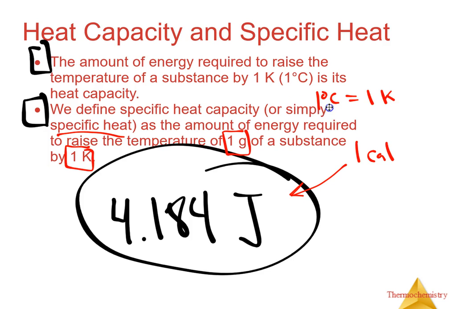Now, 1 degree Celsius is not the same temperature as 1 Kelvin. Just if I go from 2 to 3 Celsius, it's the same change as 2 to 3 Kelvin. Because remember, Kelvin is just Celsius plus 273.